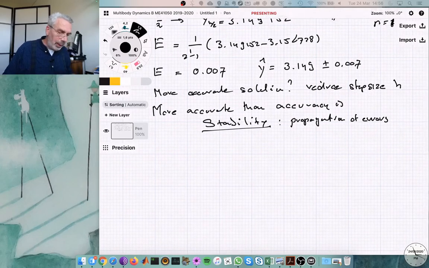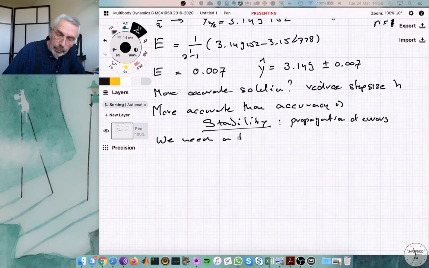Now let's look at this propagation of errors. We need a test equation to test the stability of the method.